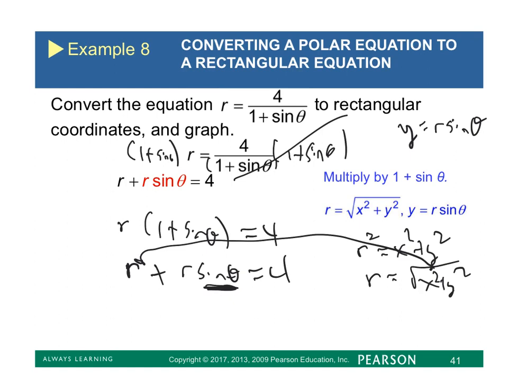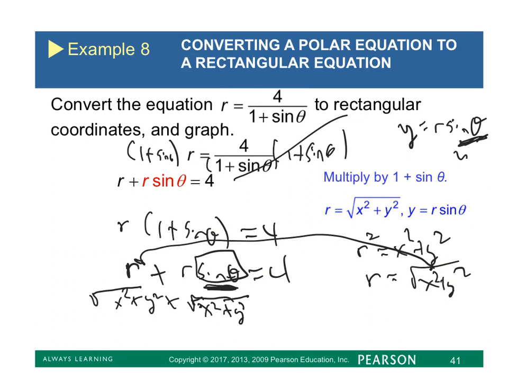And so now, let me put what I have here. I have square root of x squared plus y squared, plus r sine of theta.